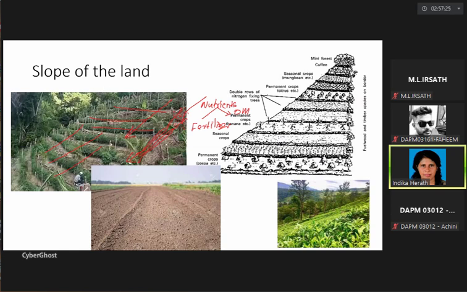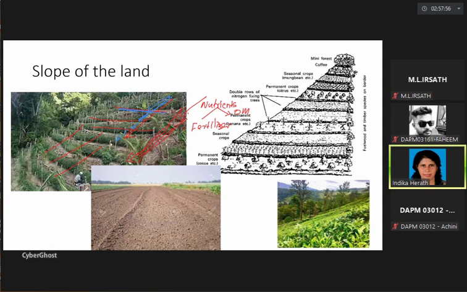But when we have planting in this direction, we can block the water. Suppose water is moving like this. Because of this line of plants, it will stop, and gradually the amount will reduce. Finally, there will be a lesser amount of water moving downwards.